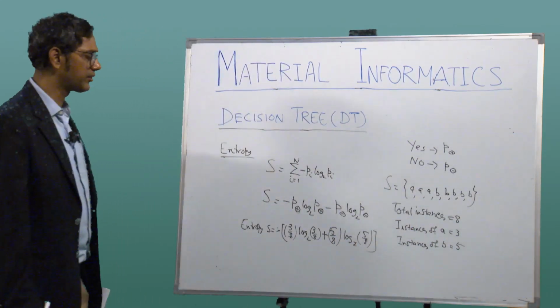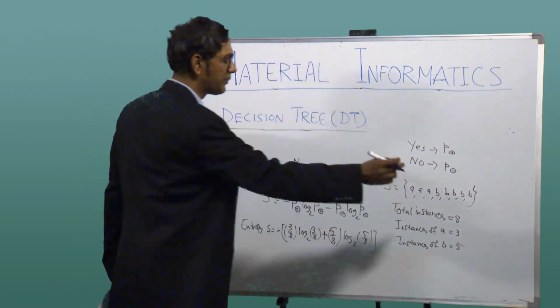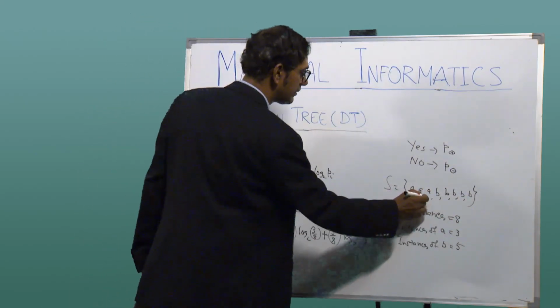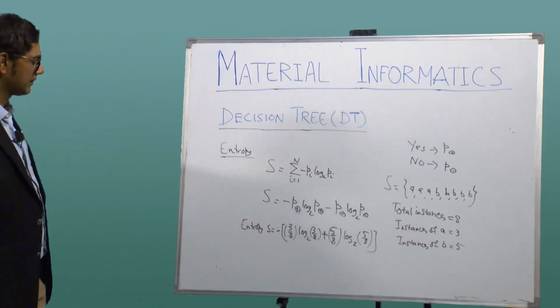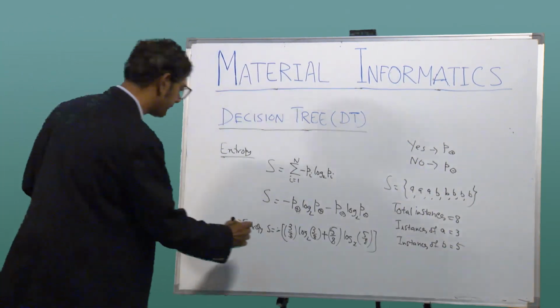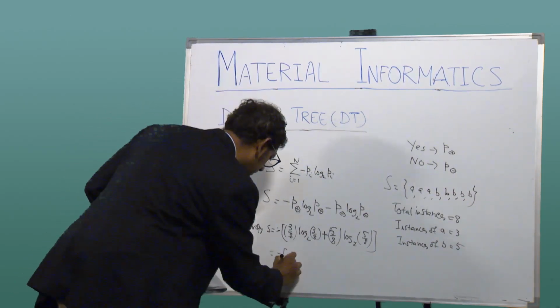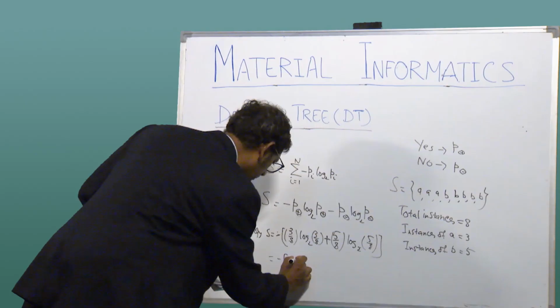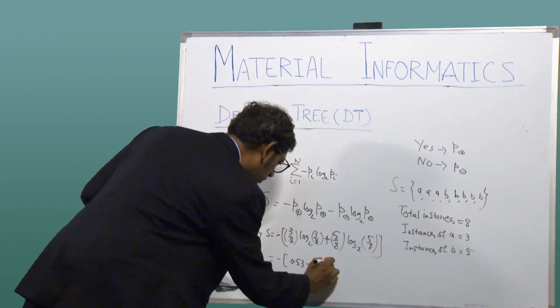That is my entropy. So, I have 8 total instances, out of which 3 are affirmative A and 5 are negative B, right. If you calculate properly, this will be equal to minus 0.53 plus 0.424.